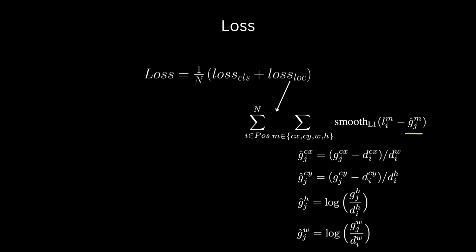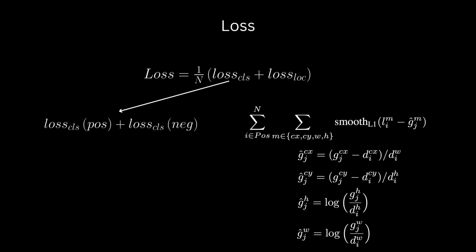The targets are computed using the same formulation that we have been working with in RCNN variants. The classification loss is just sum of classification loss for all foreground or positive default boxes and classification loss for selected background default boxes as a result of hard negative mining.